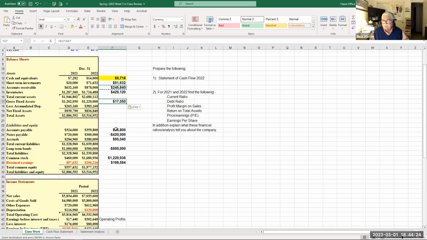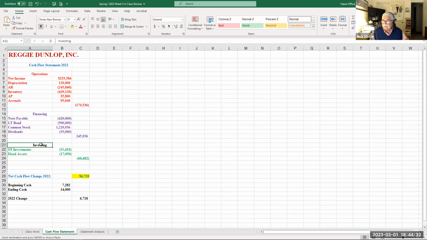So they invested $17,000 more in long-term fixed assets. Both those deltas are part of this investing section of the cash flow statement. There it is, cash going out, $51,632, cash going out, $17,050.